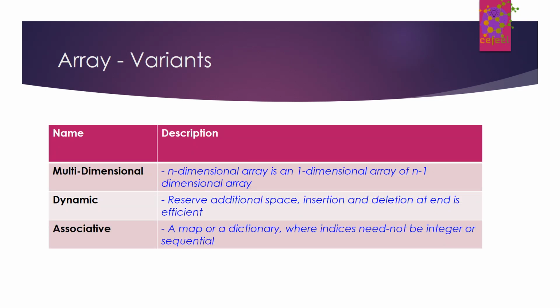Now let's discuss a little bit about the various variants of the array that are normally discussed in the context of computer science. The first one, which we already discussed, is the multi-dimensional array, which means a two-dimensional array, normally called a matrix, and similarly an n-dimensional array. The number of dimensions can be as many as needed. Essentially an n-dimensional array is a one-dimensional array of n minus one dimensional arrays.